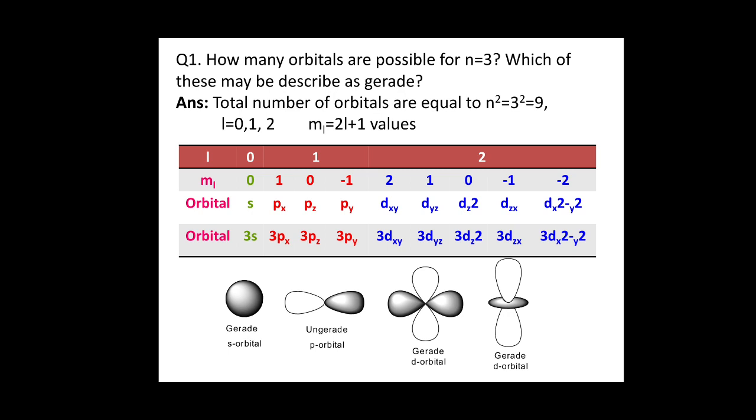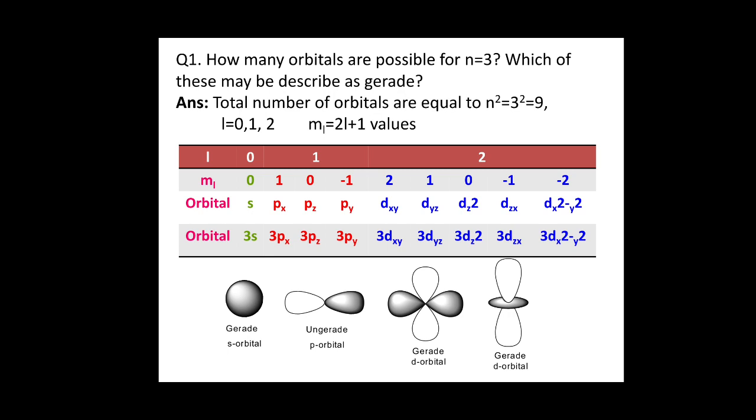That is important, what I said: for each ml value of a particular l you can assign an atomic orbital. For l equal to 0 you have only one ml value and you can assign an atomic orbital, s. For l equal to 1 you have 3 different ml values, represented by px, pz, py.